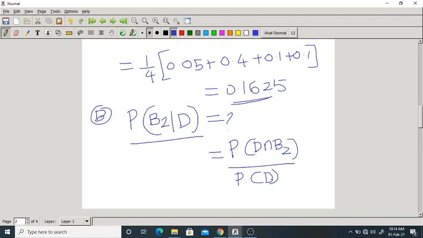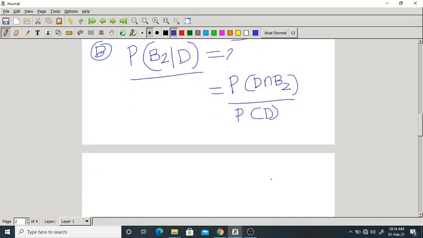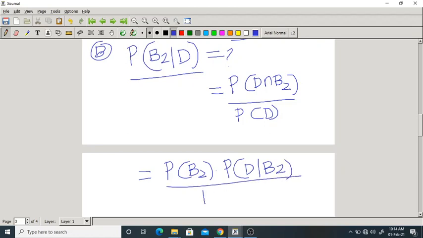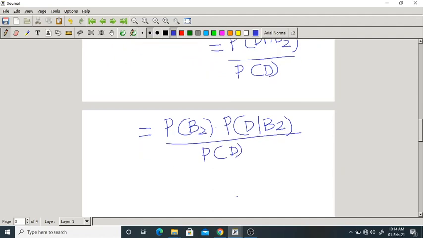Now how do we write the probability of D intersection B2? Furthermore, you can write this as probability of B2 into probability of D given B2, by probability of D. So you go to Bayes theorem and check the property. This is what we write.